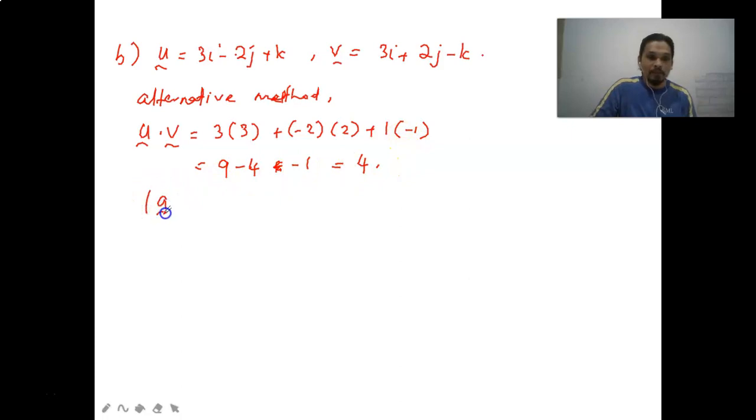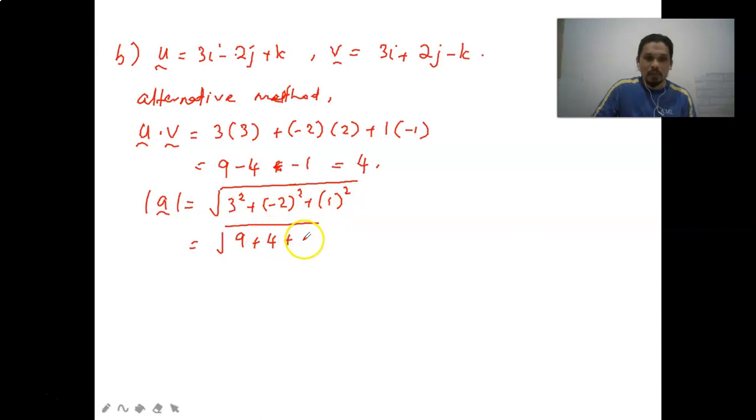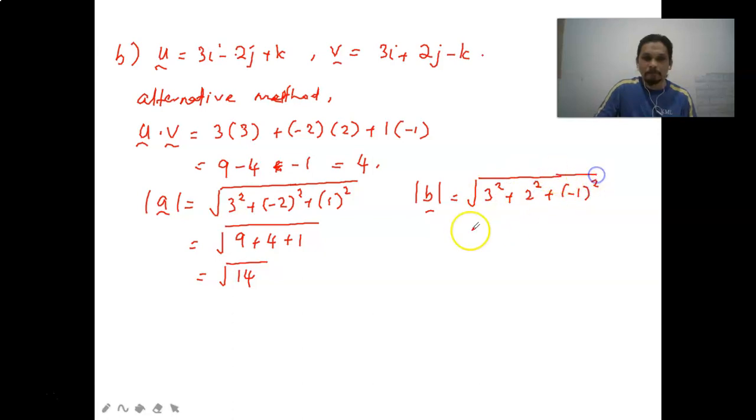Okay, and the modulus of U is the square root of 3 squared plus negative 2 squared plus 1 squared. 3 squared is 9, negative 2 squared equals 4, and 1 squared is 1. 9 plus 4 is 13, plus 1 is 14. Then the modulus of V equals the square root of 3 squared plus 2 squared plus negative 1 squared. 3 squared is 9, 2 squared equals 4, negative 1 squared is 1.